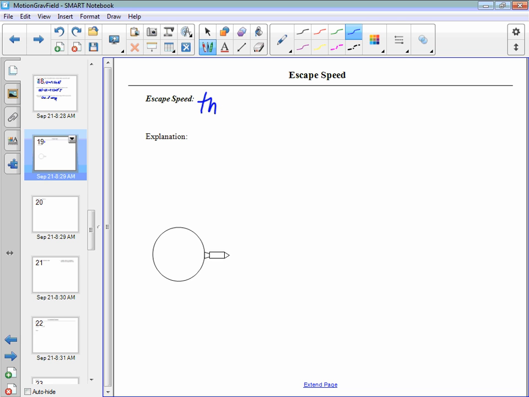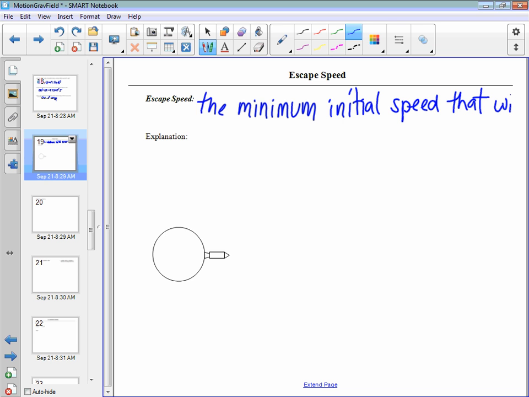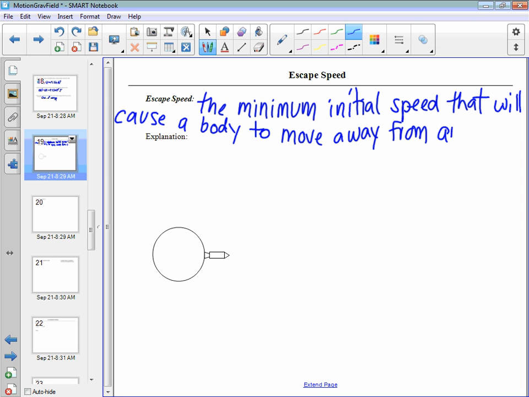And it is the minimum initial speed required, okay, that will cause whatever objects we're talking about, cause a body to move away from another body, like a rocket moving away from the Earth, from another body.